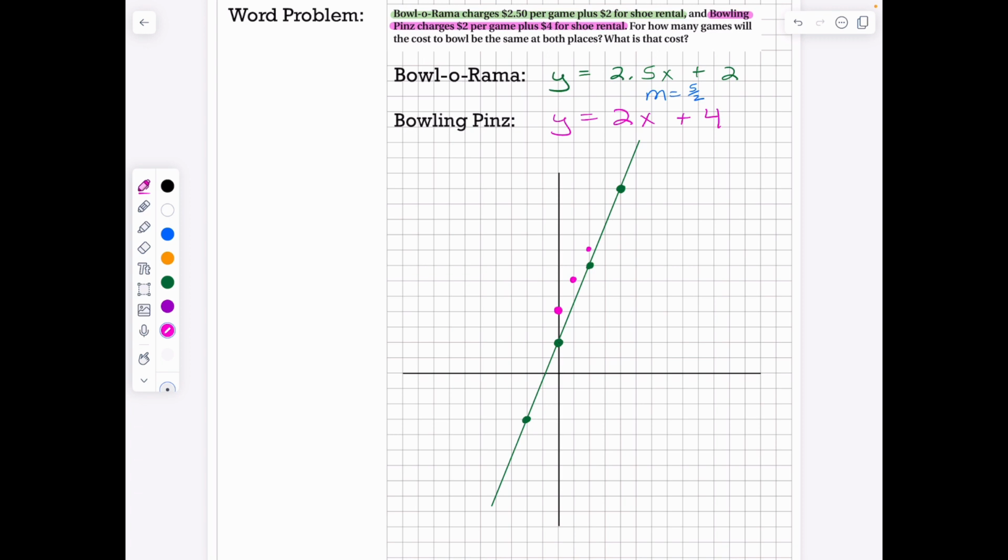Up 2 over 1. Oh, look how close that is. Up 2 over, bingo. They both hit at that point right there. I'm also going to go down 2 to the left 1, down 2 to the left 1, down 2 to the left 1. Okay. And then I'm going to draw a line.